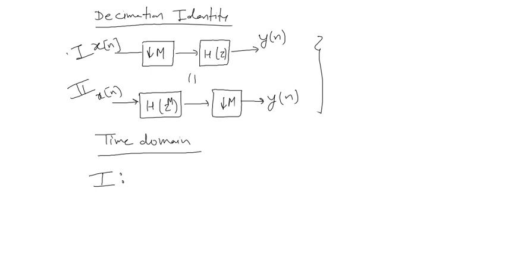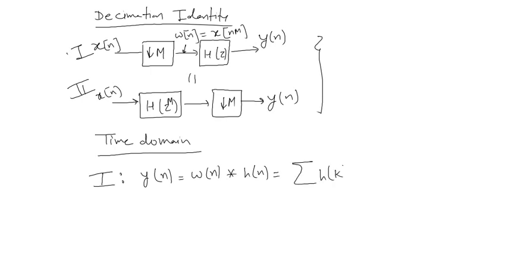For the first system, let's call this output w of n, which is nothing but x of nM. So y of n in the time domain can be written as w of n convolved with h of n, or we can write it as the convolution sum of h of k times w of n minus k, where the limits are for k. So what is w of n minus k? That is x of nM.